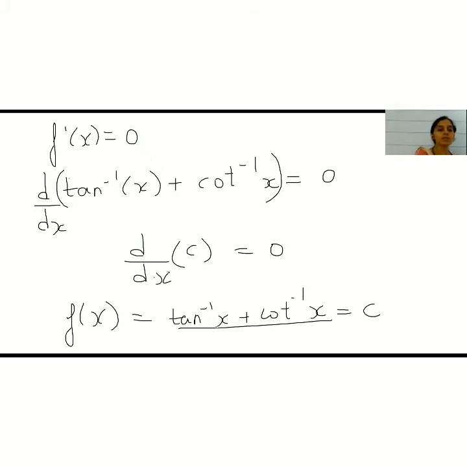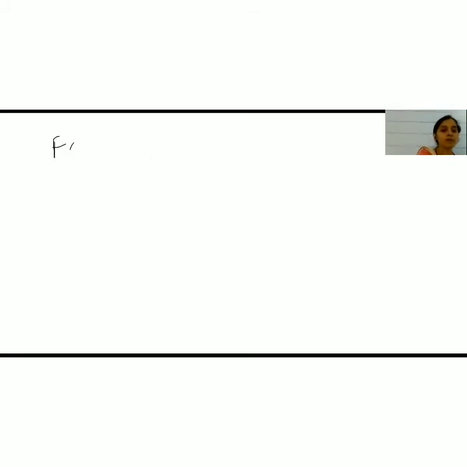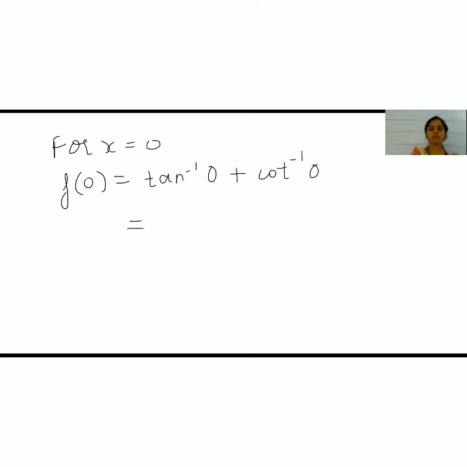So what I'll say is, for x equal to 0, f of 0 is equal to tan inverse of 0 plus cot inverse of 0. What is tan inverse of 0? It is sine 0 upon cos 0. What is sine 0? 0. So the answer will be 0. What is cot inverse of 0?